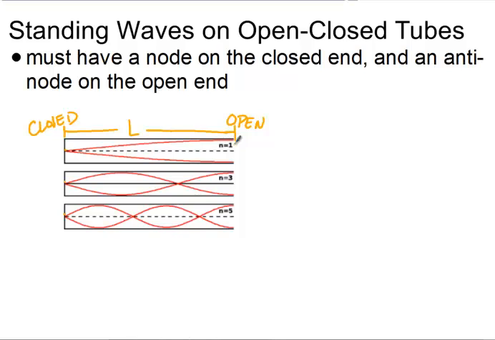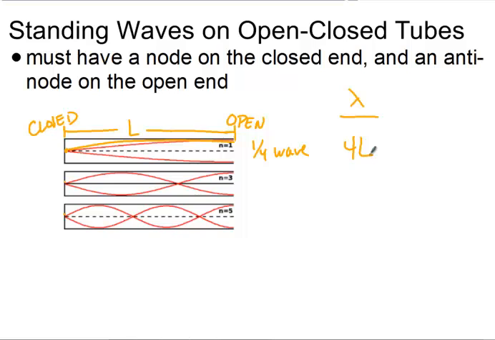If we look at this first part of a wave here, notice this goes from node up to antinode. That's only a quarter of a wave. So in order to have a full wave of that, we would need 4 L's. So the lambda here is going to be 4L for the fundamental frequency.